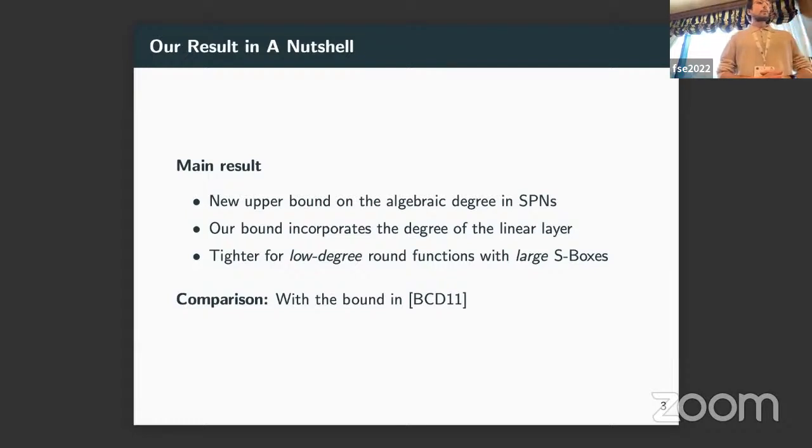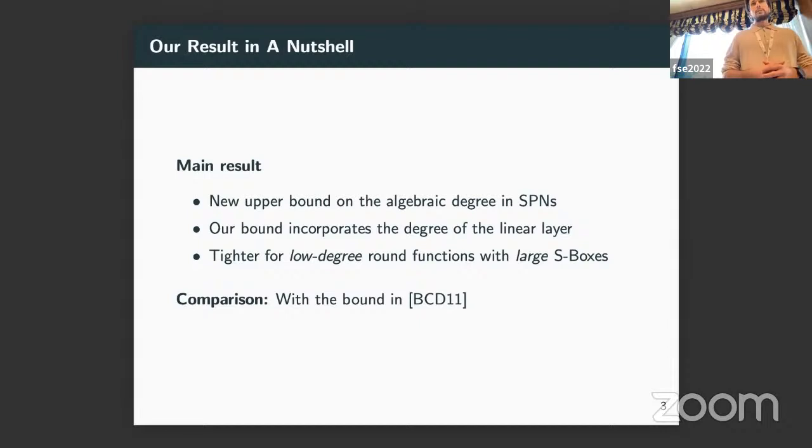In our work, we present and prove a new upper bound on the algebraic degree in SPNs. What is special about our bound is that, besides the degree of the nonlinear layer, it also considers the degree of the linear layer for its estimate. I say special because other state-of-the-art bounds do not use this property for their estimate. Most notably, our bound is considerably tighter for low-degree round functions with large S-boxes.